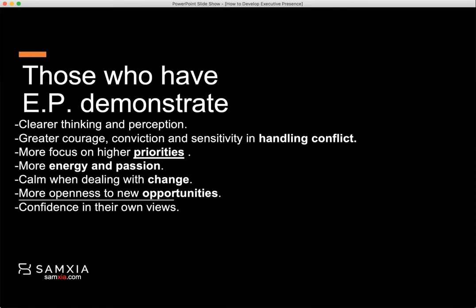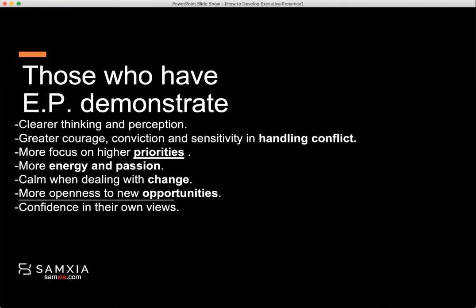And you are also very direct, knowing among all the other overwhelming tasks what is the highest priority for the group and for the company that you work for, and also for your own self. And those who have more executive presence always have more energy and passion. Those people are always on the treadmill.